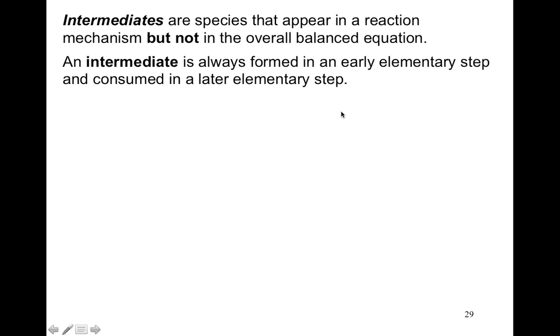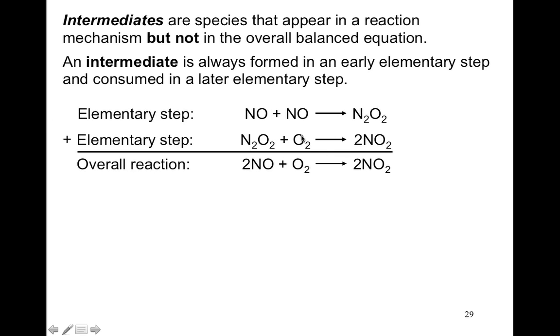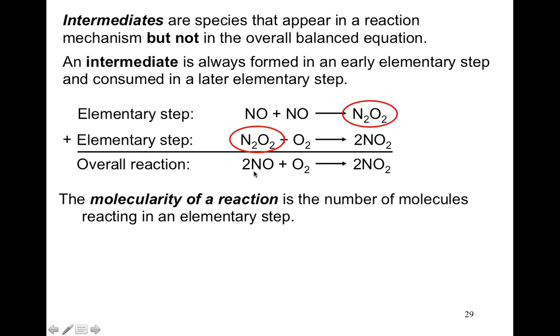The intermediate is always formed in an early elementary step, and it's consumed later in an elementary step. So here it's formed early, it's consumed later, so it doesn't show up down here. There is no N2O2. And there's your intermediate.